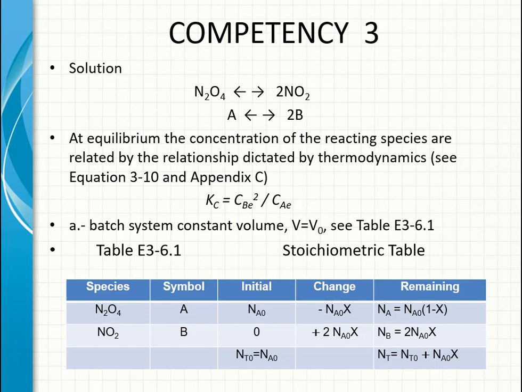The change is minus Na0 times X, because A is disappearing, that's why it's negative, and remaining is going to be Na0 minus Na0 times X, which is Na equal Na0 times 1 minus X. Of B, initially we have 0, the change is 2 Na0 times X, because for each one of A, 2 of B are formed, so Nb is going to be 2 Na0 times X.